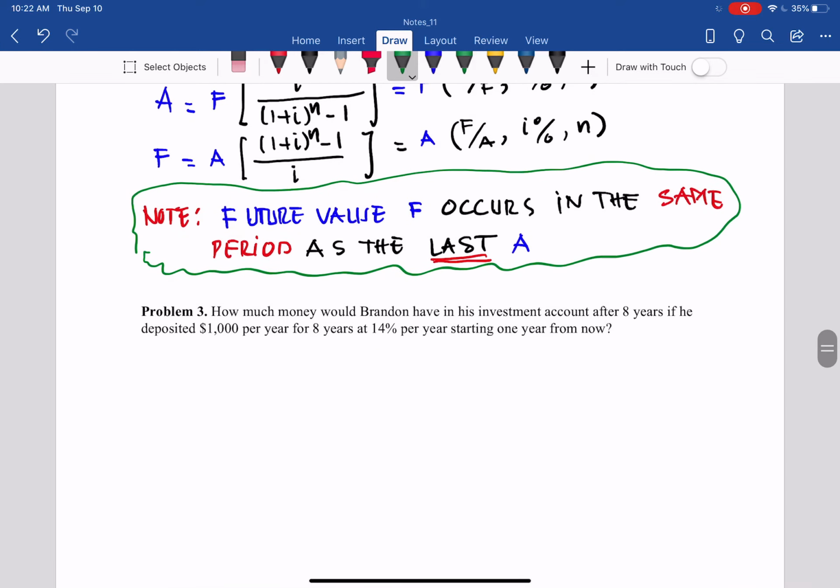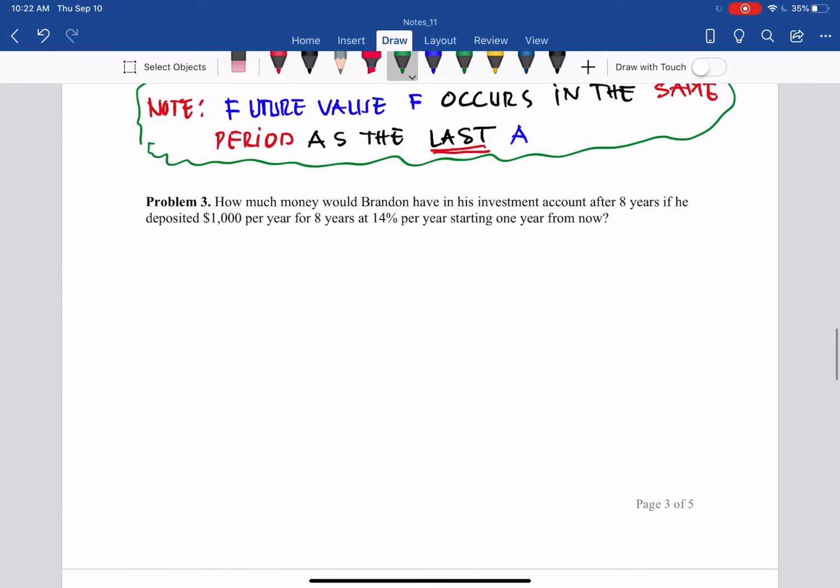And let's apply that equation to problem 3. How much money would Brandon have in his investment account after 8 years if he deposited 1,000 per year for 8 years at 14% per year starting 1 year from now? Again, always start with the cash flow diagram.